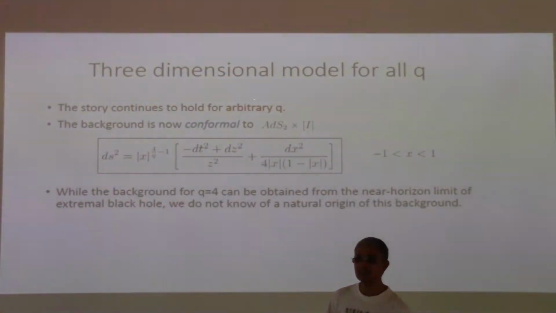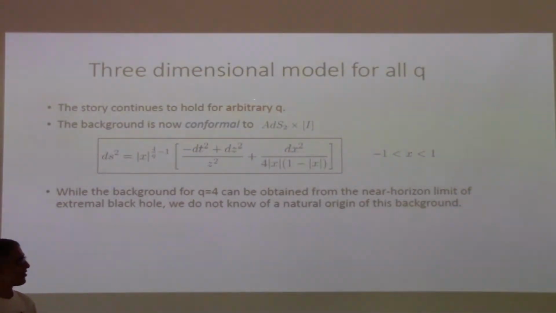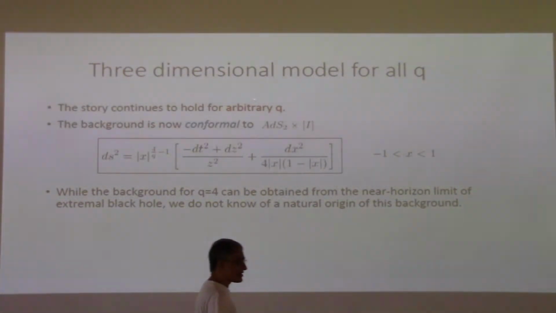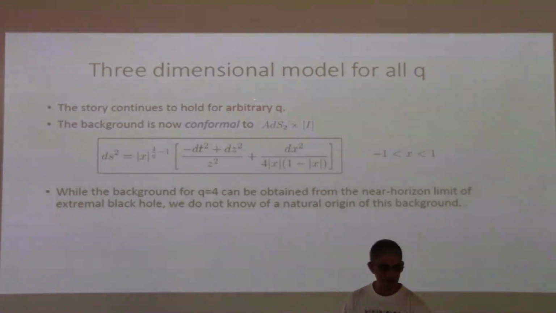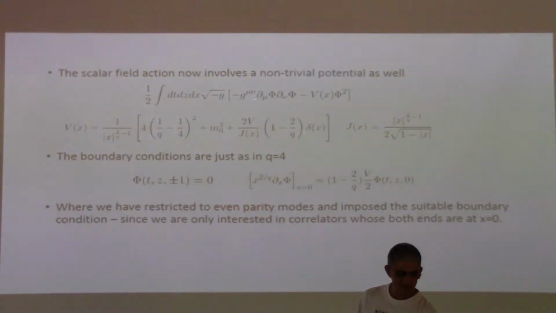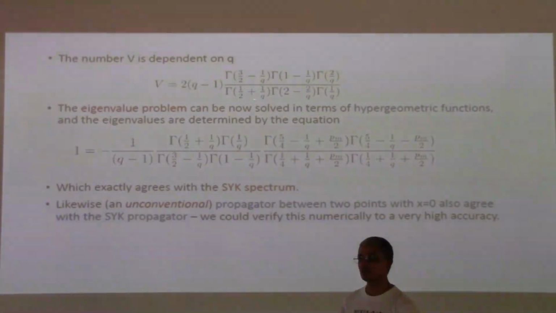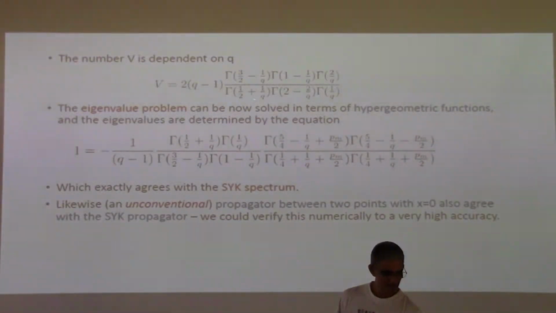I should also mention that this not only works for q equal to 4, it actually works for all q. The background is different, it's now conformal to AdS2 cross I. It looks very funny, but at the end of the day, you actually obtain exactly that spectrum with all those gammas. If you ask how we did it, we of course did reverse engineering.